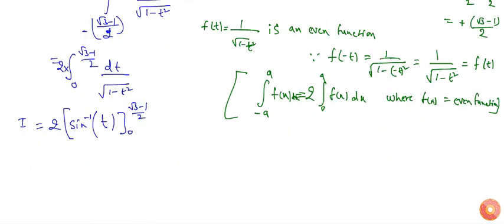So I'll get the answer I equals 2 sin inverse of (root 3 minus 1) by 2, and plus c is the integration constant.